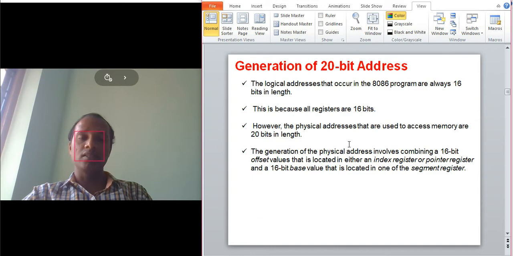That is what we take up in the generation of the 20-bit address topic. In this slide, all those things will be indicated.